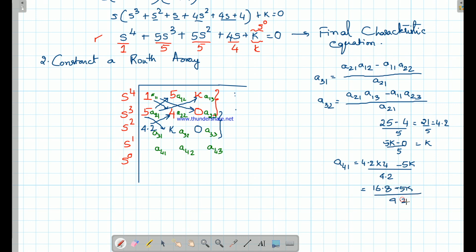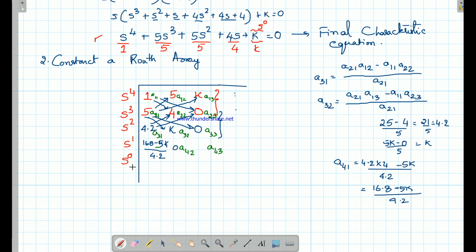Here the value is 16.8 minus 5k, whole thing divided by 4.2. Now coming to A42, it will be 4.2 into 0 minus 5 into 0. As both are 0, the numerator is 0, and 0 divided by anything is 0.